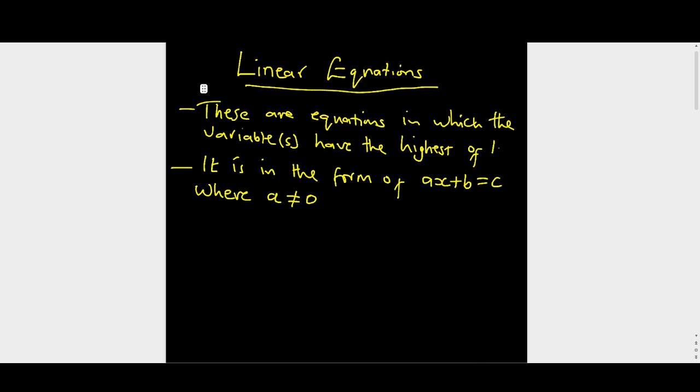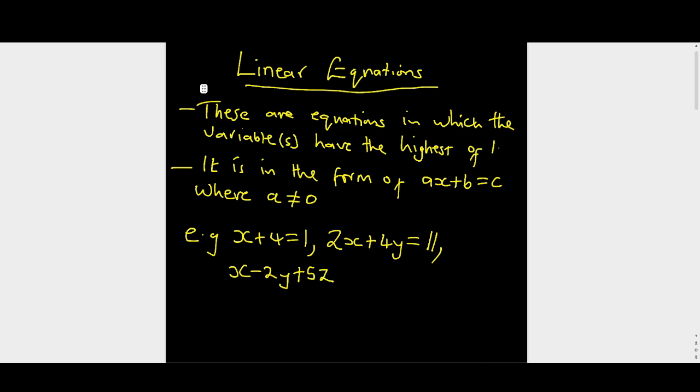For example, you can have a linear equation looking like x plus 4 is equal to 1, or 2x plus 4y is equal to 11, or you can have a linear equation in the form of x minus 2y plus 5z is equal to 8.